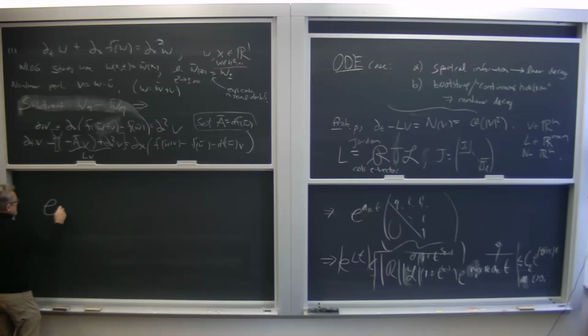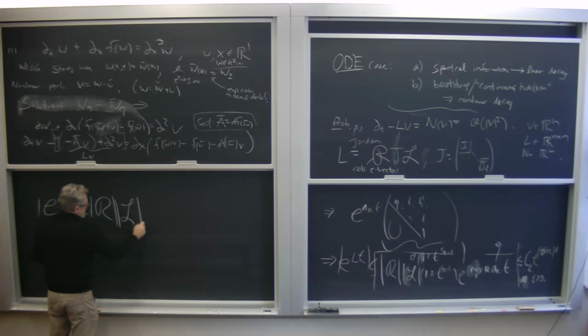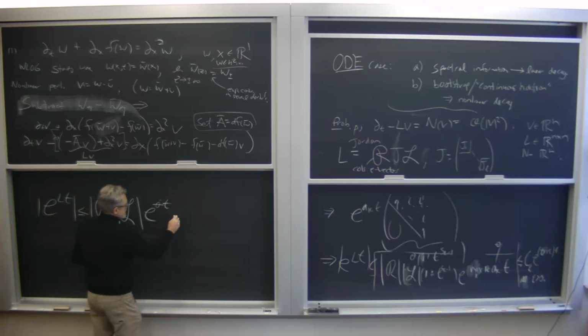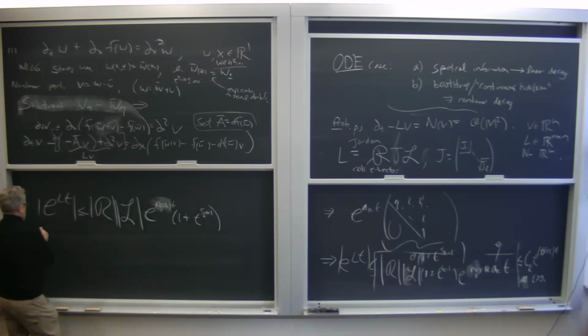Yeah, so e to the Lt, operator norm, is bounded by the matrix of right eigenvectors, matrix of left eigenvectors, e to the theta t, 1 plus t to the s star minus 1, where s star is for the aₖ with maximum real part.